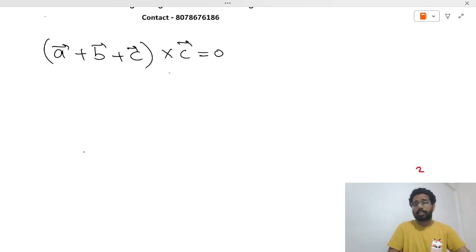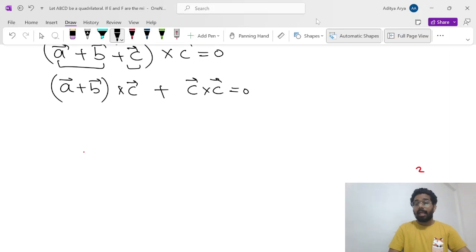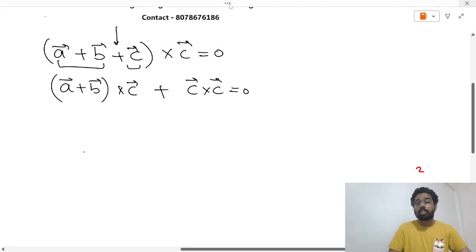So breaking it into two parts, (A plus B) cross C plus C cross C equals 0. The concept, I repeat again, is that if you take a cross product of a vector with itself, it will become 0. This is a very important concept, guys, and this becomes 0.